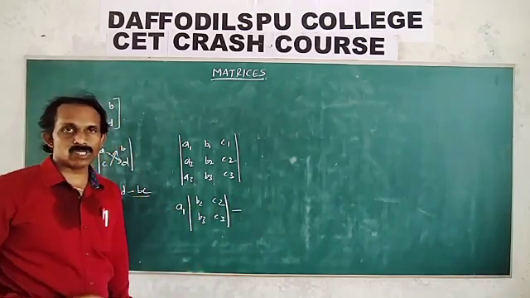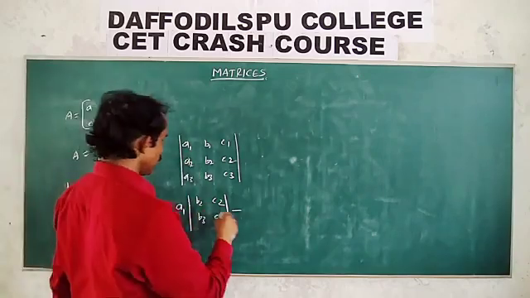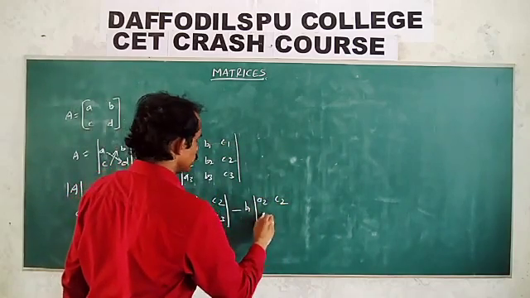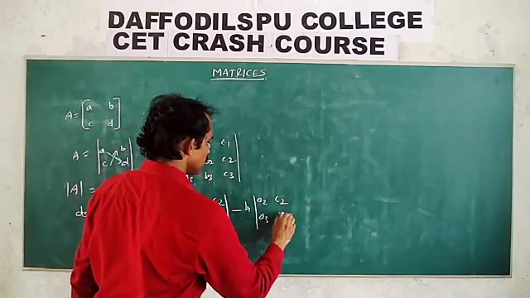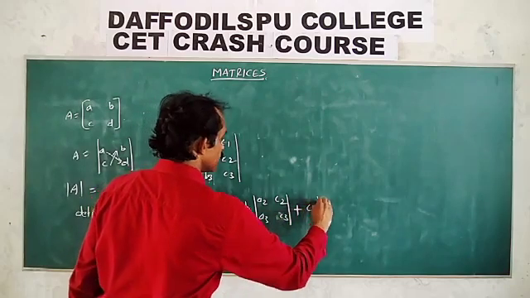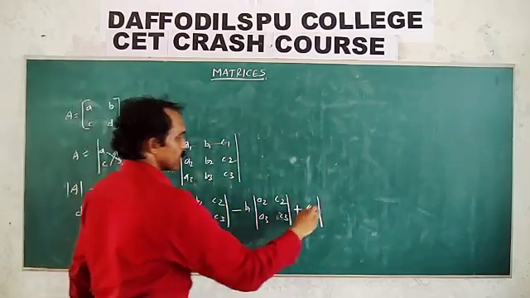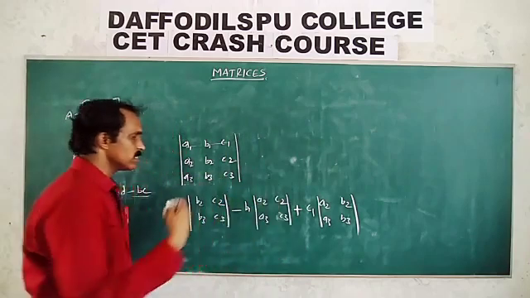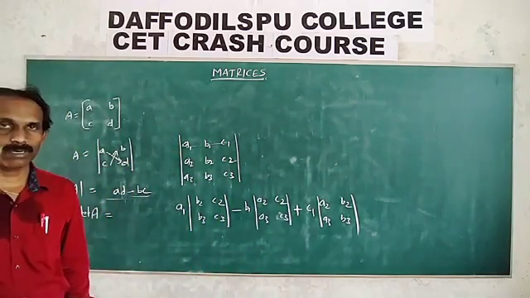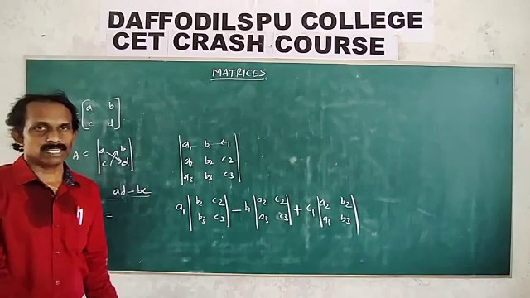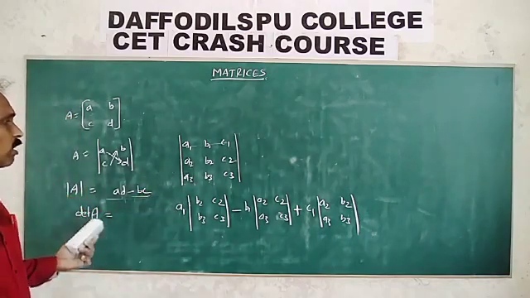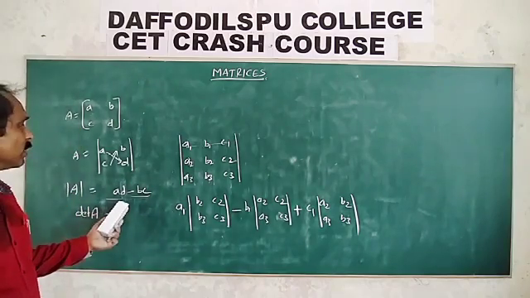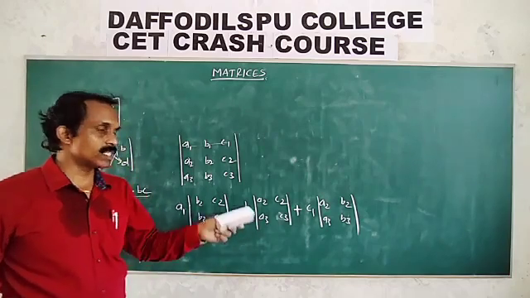Here minus, by using the concept of cofactors, B1 of A2, C2, A3, C3, plus C1 of A2, B2, A3, B3. So this is the 3 by 3 determinant. We will discuss properties and how to solve determinant problems in the next chapter. Right, the 2 by 2 matrix determinant is AD minus BC, and the 3 by 3 matrix determinant is like this.